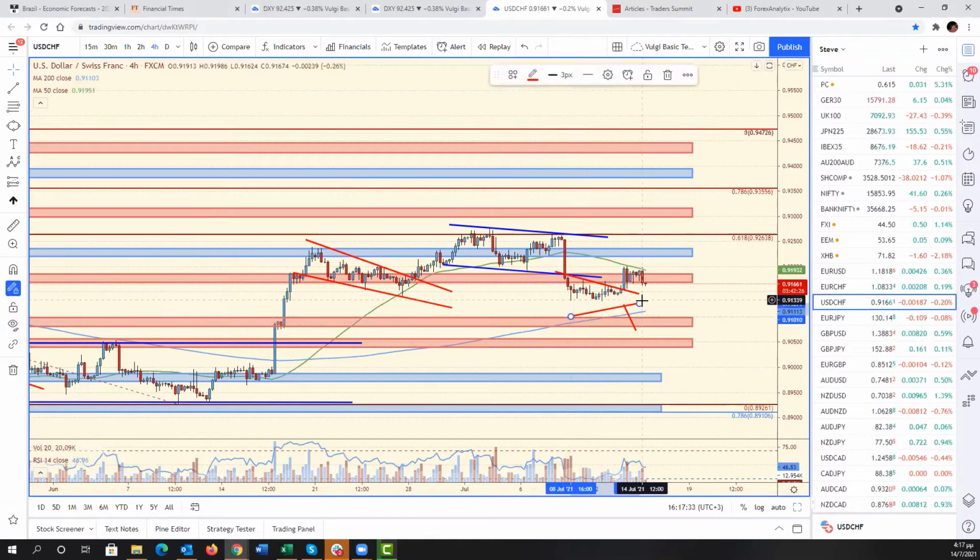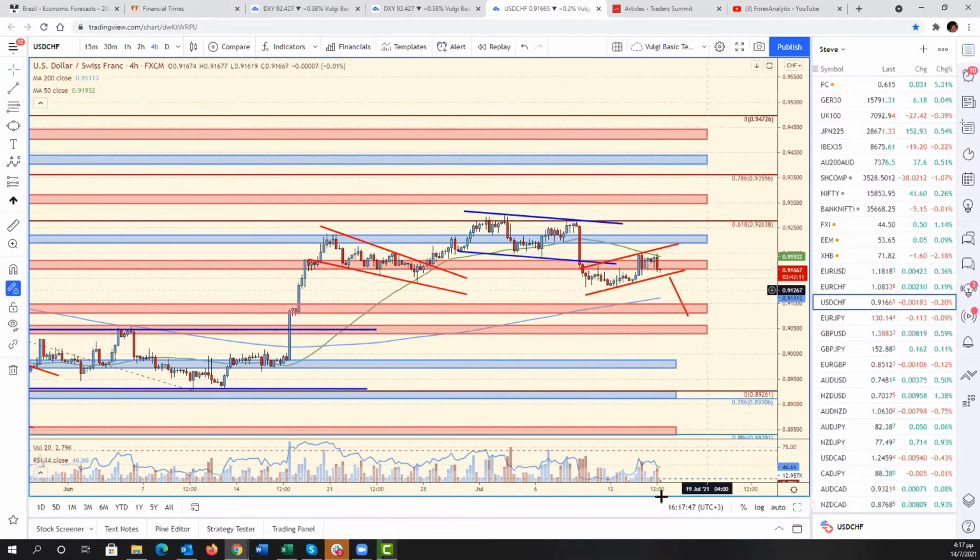Now, I guess we can redraw this for the Swissy. There we go. So, support for the Swiss 91.45.